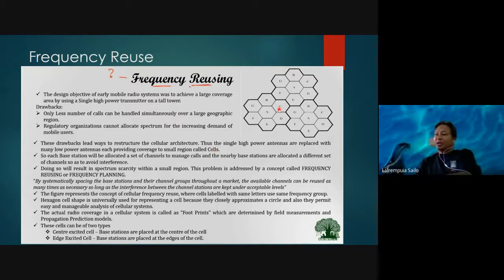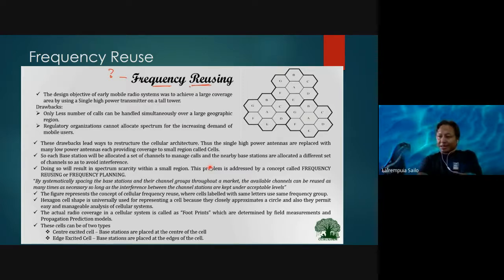Okay, here in this cell we label A, and up to here we label A again. Down there we also have a label A. We have different types of labels here. Cells with the same label A use the same frequency, which identifies the frequency reusing.